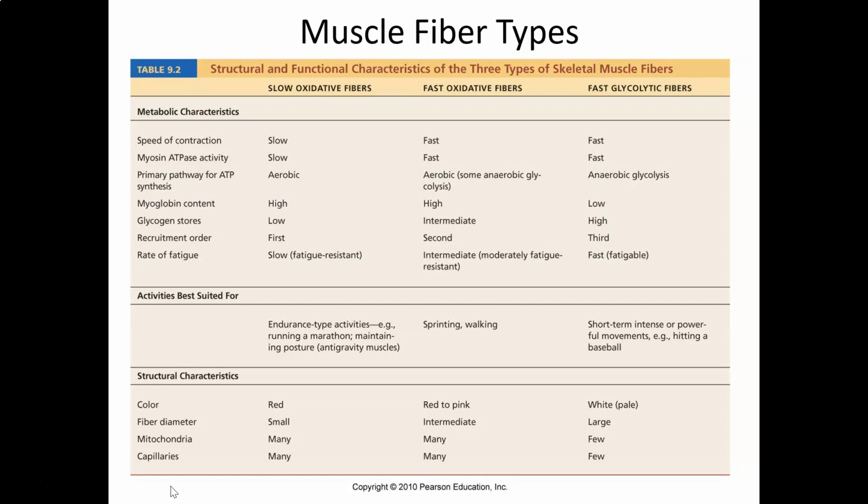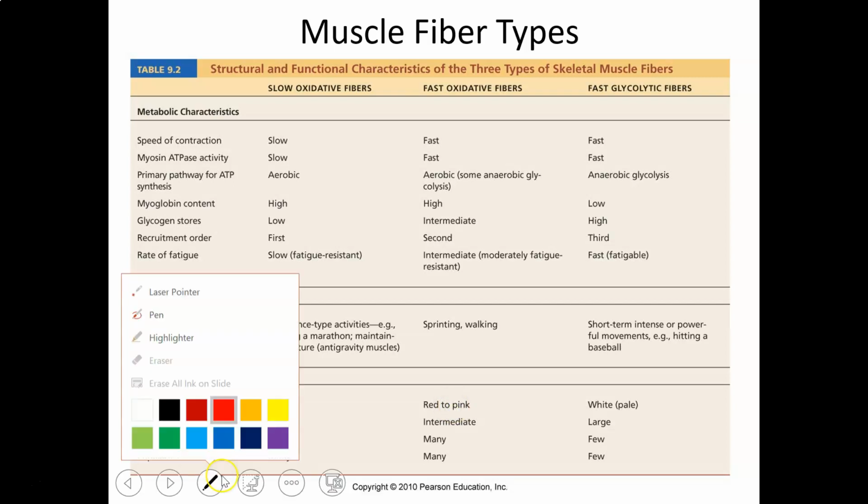On the other end of that spectrum, we have our fast glycolytic fibers. Fast glycolytic fibers are brought in last. They're fast twitch fibers, but they're bigger fibers. They rely mostly on anaerobic glycolysis.